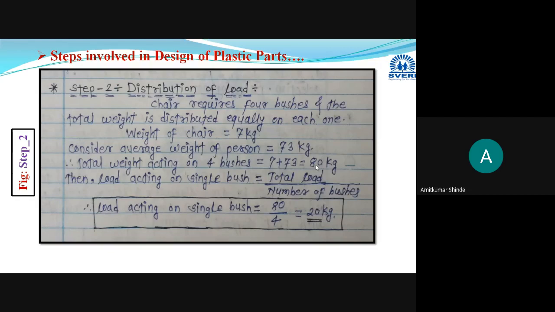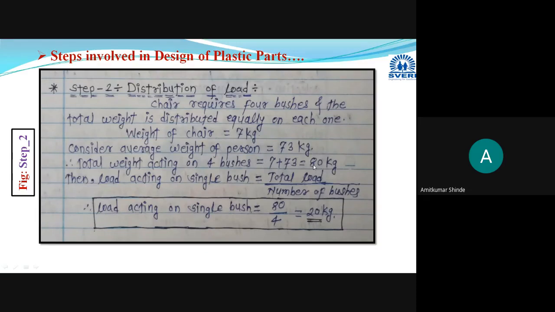Then to calculate the load acting on a single bush, it is the total weight divided by the number of bushes. Total weight is 80 divided by the number of bushes, 4, so it will come to 20. This value will be different according to your assumption of the weight of the person sitting on the chair.